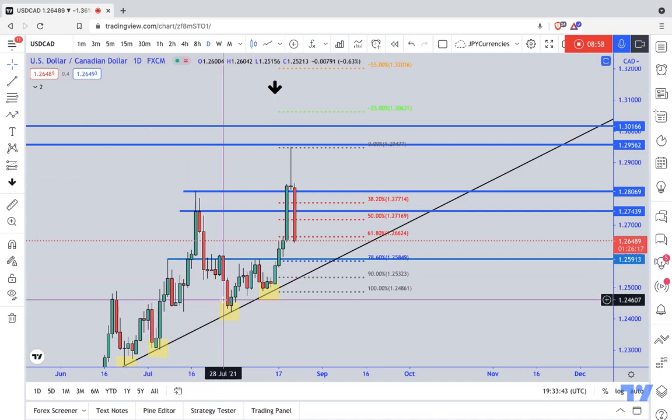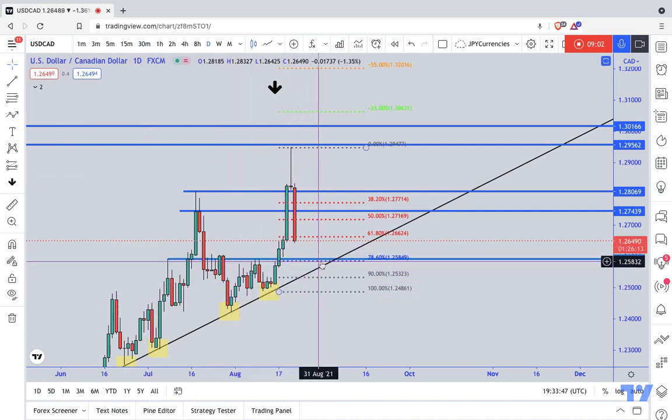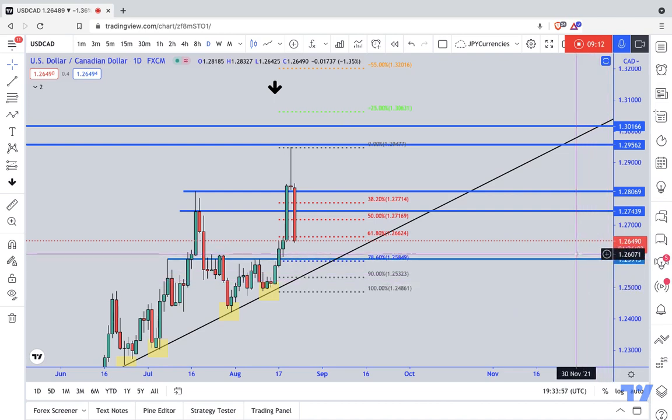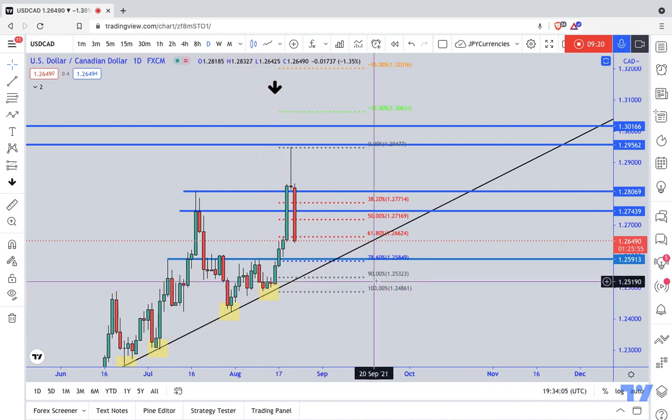You can wait for price to come to 1.26. Yes, 1.26 is a nice level to go long from, and then maybe just have your stops below this low.